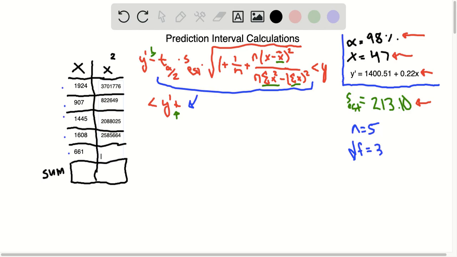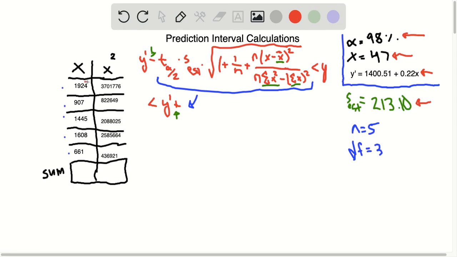And then lastly, 661 squared will give us 436,921. Perfect.